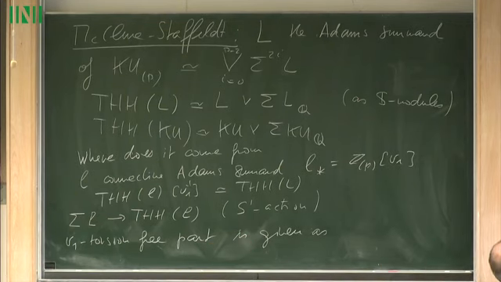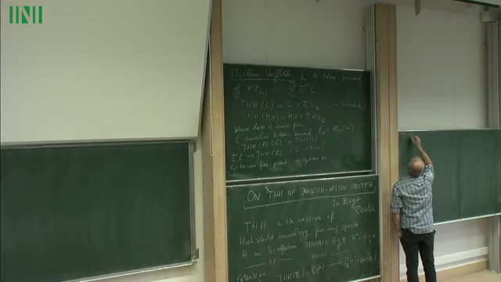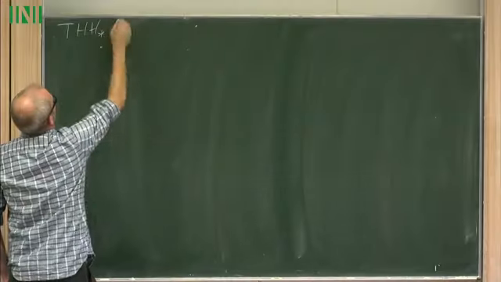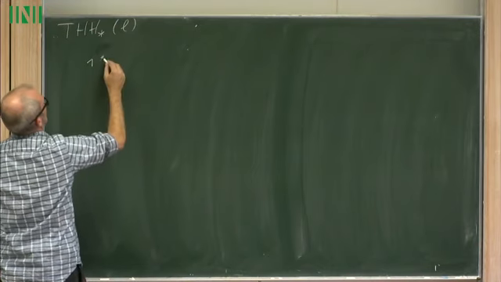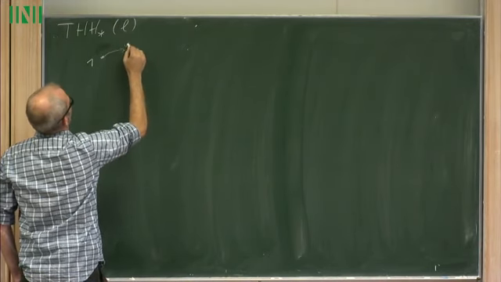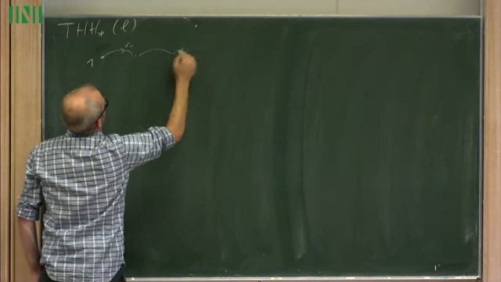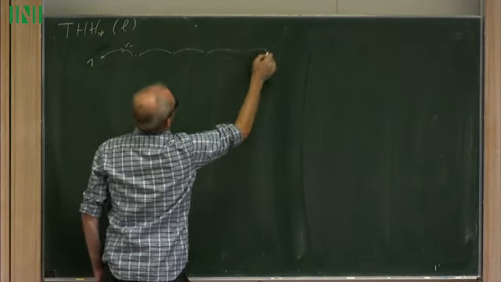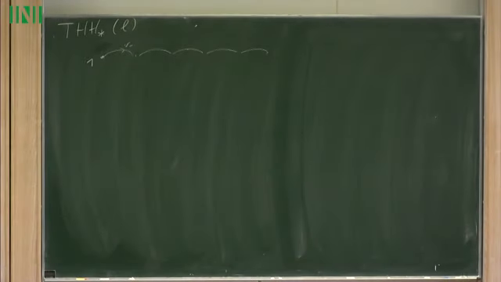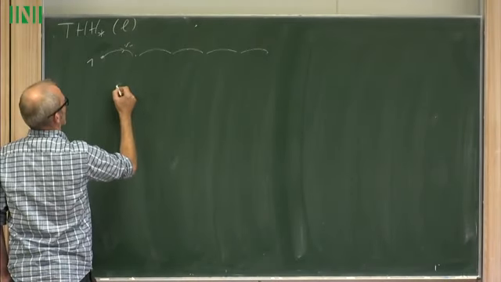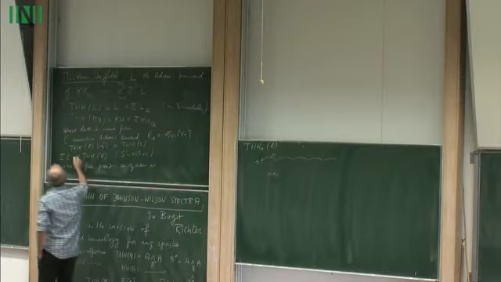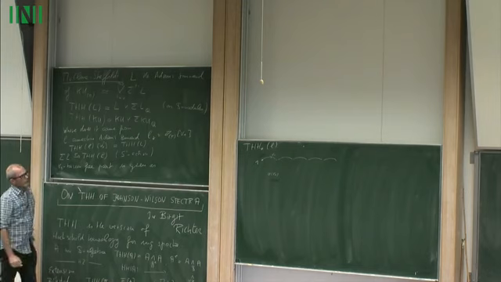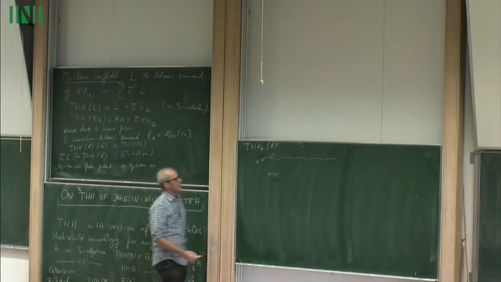Well, you have in THH the unit, and then this multiplies by V1 to a polynomial part, and then you have this class sigma V1 coming from here, which is in degree 2p minus 1.